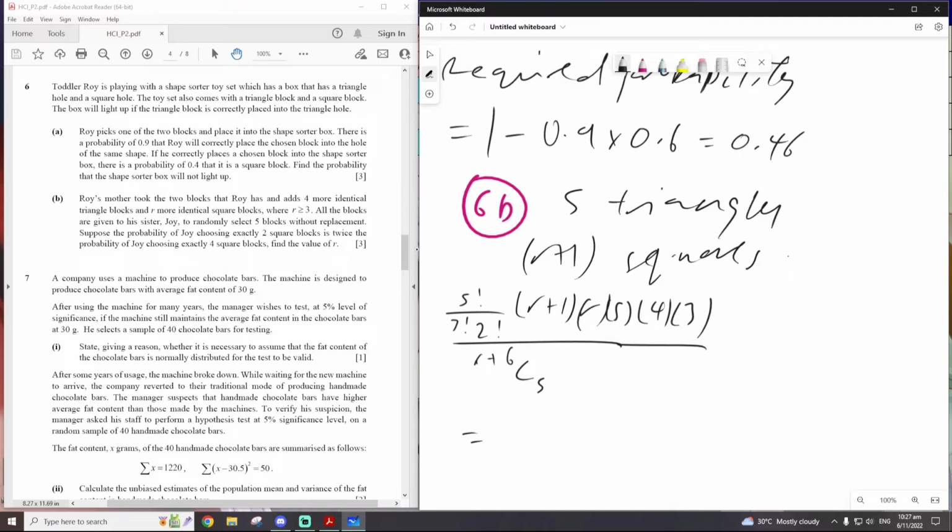And then this is equal to, this is twice the probability, so you do 2 times. What's the probability of choosing exactly 4 square blocks? You do 5 factorial divided by 4 factorial. Then you do r plus 1 times r minus 1 times r minus 2.